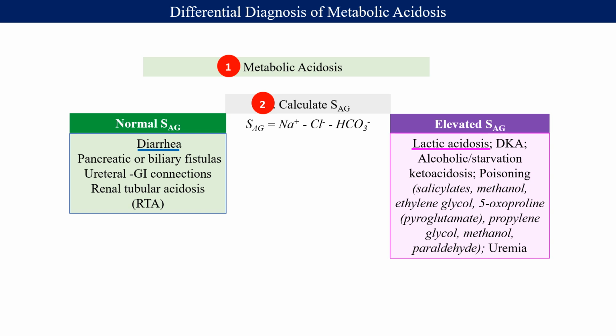A patient can have any of the processes that present as a normal serum anion gap metabolic acidosis, in addition to having a condition that presents as an elevated serum anion gap metabolic acidosis. There's nothing that would prohibit a patient from having more than one process concurrently.